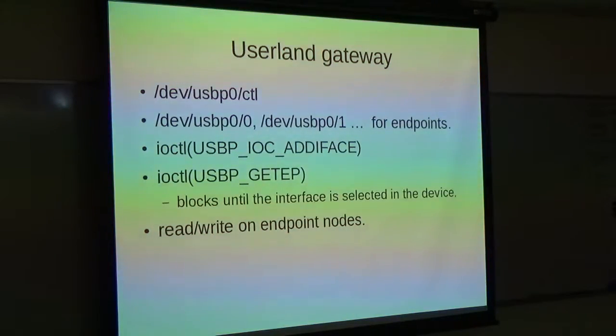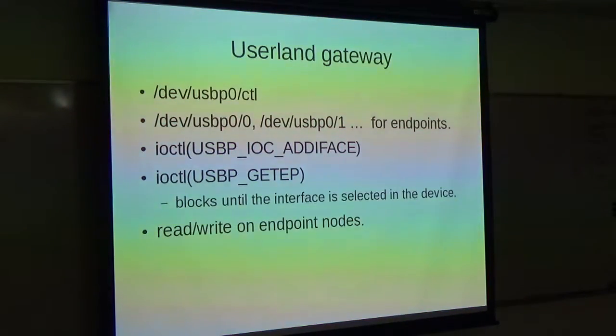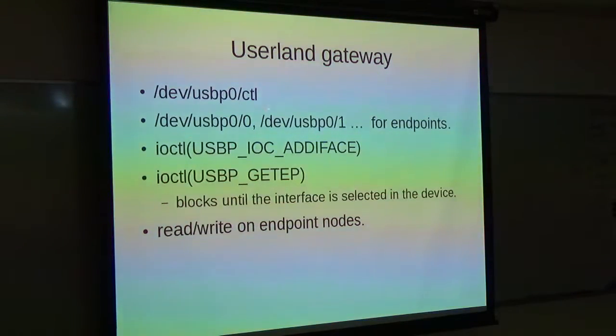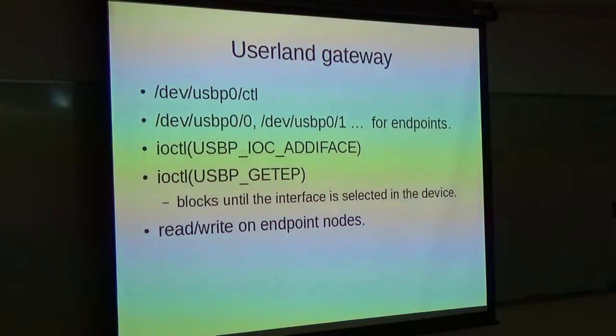Okay. Next one is how to use that framework from Userland programs. We'll have a device node named like this. I'm not sure everyone likes this name convention, but currently I do it in this way.